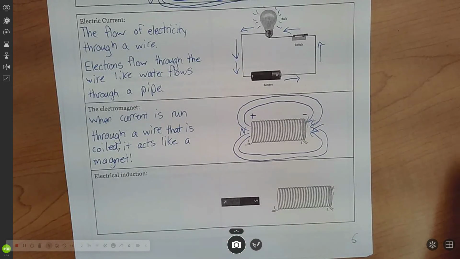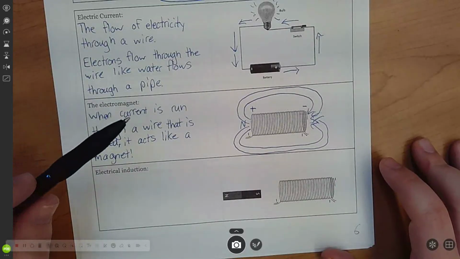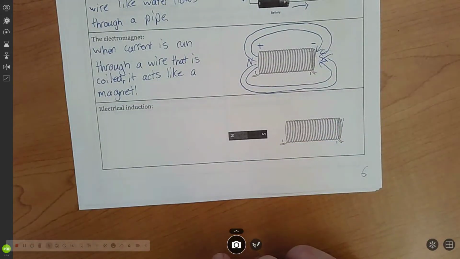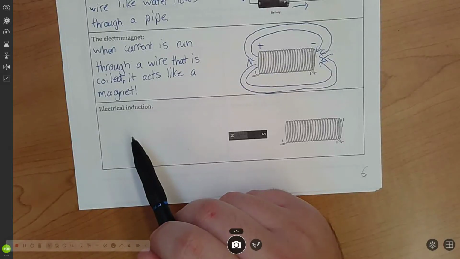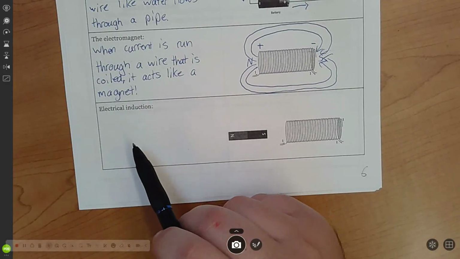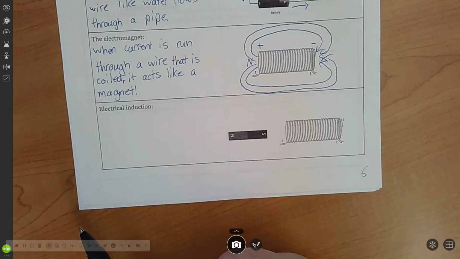All right. So now that we know about electric current and electromagnets, we are going to do electrical induction. Now this is the coolest thing that we can do with electromagnetism. This is how all of our generators work. So any way that we're able to make electricity, it comes from electrical induction.